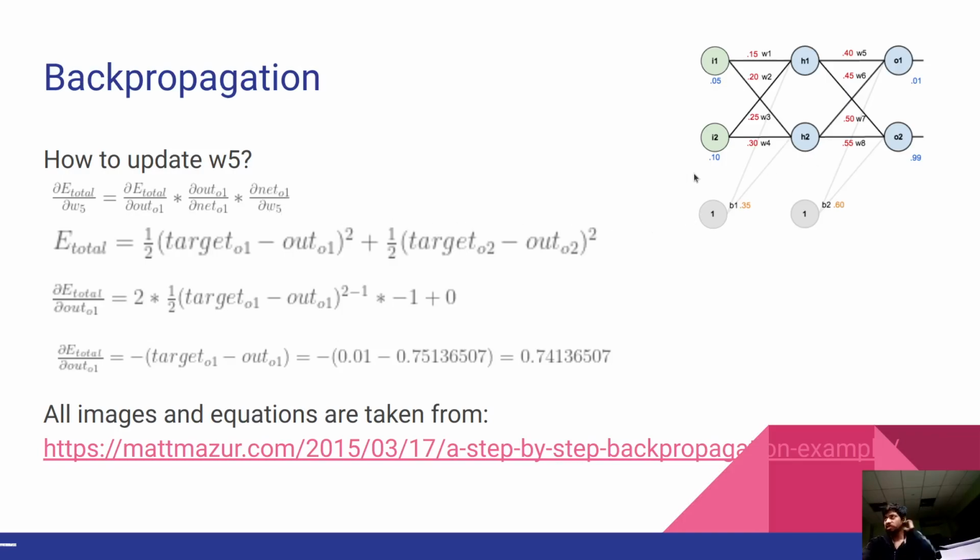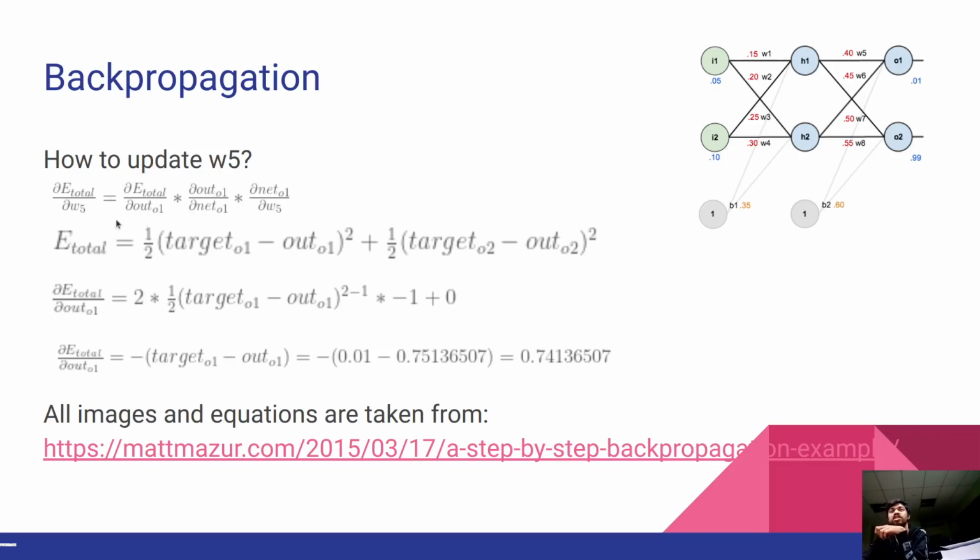The thing is not really very complicated. Here we have W5 and we want the derivative of E total with respect to it, but E total is not directly related to W5. So we try to divide it in some way such that it is related.